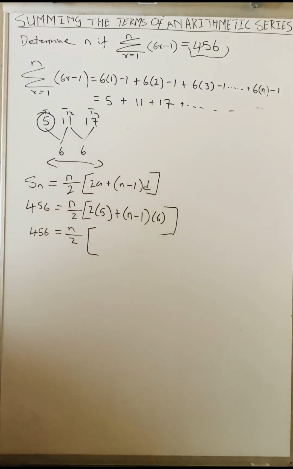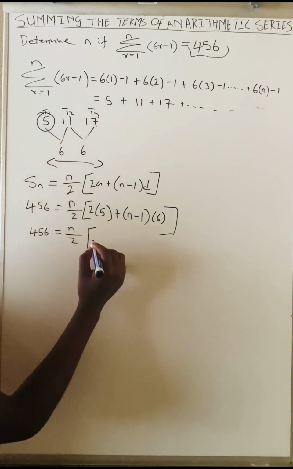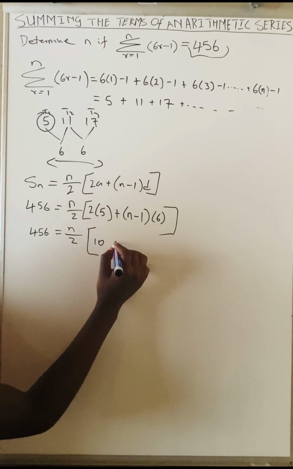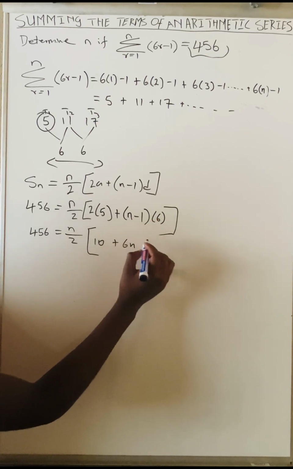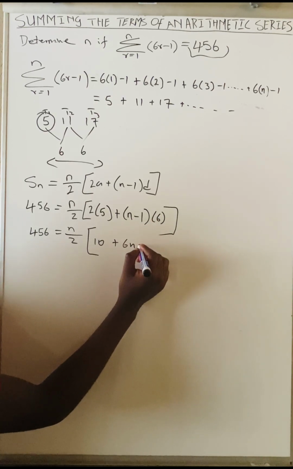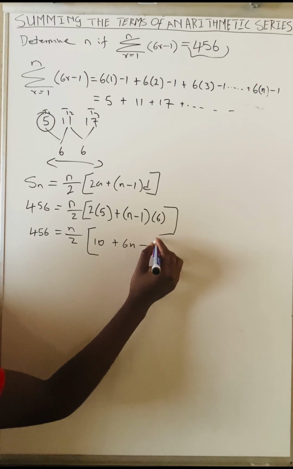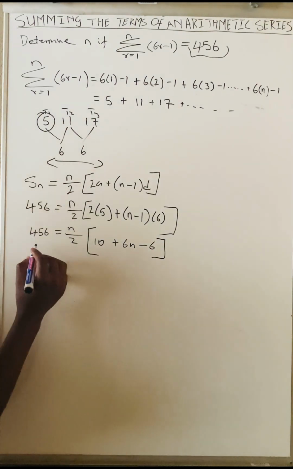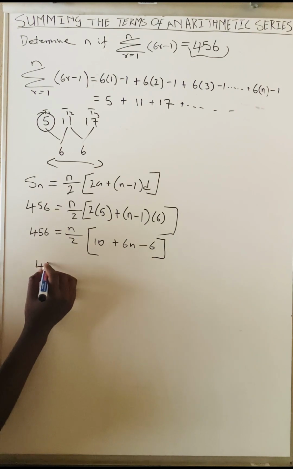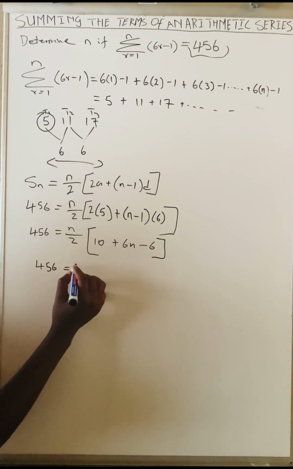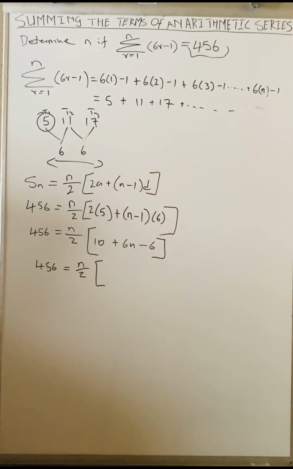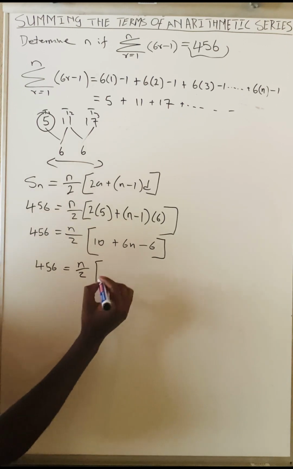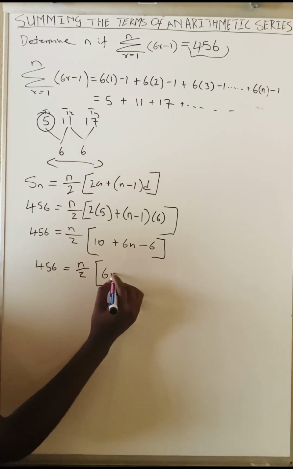Then from here, 2 times 5 is 10, plus 6 times n is 6n, and 6 times negative 1 is negative 6. So 456 is equal to n over 2 times the like terms added. 6n doesn't have a partner, so you just write 6n.